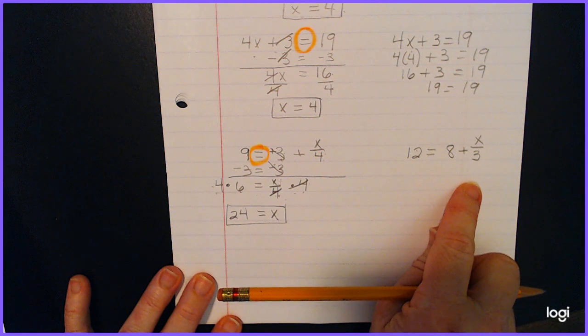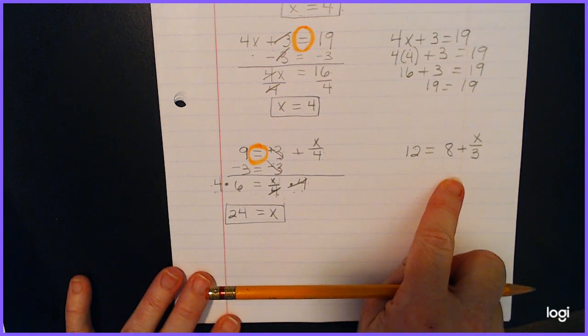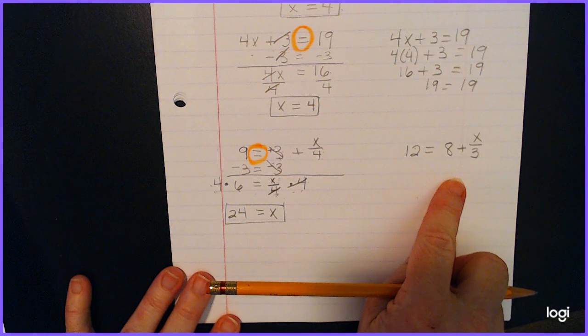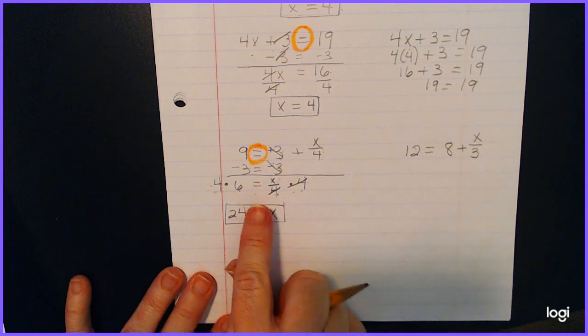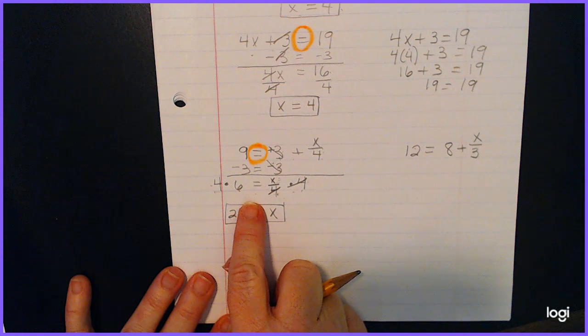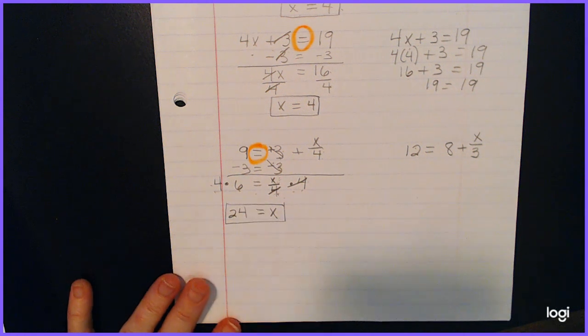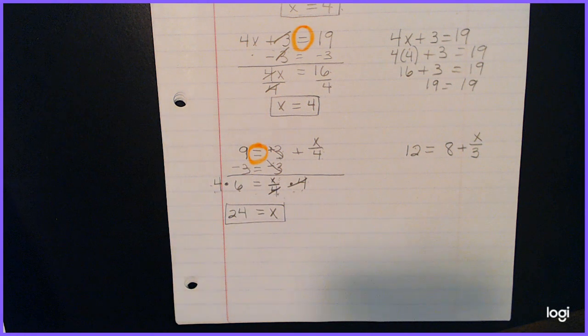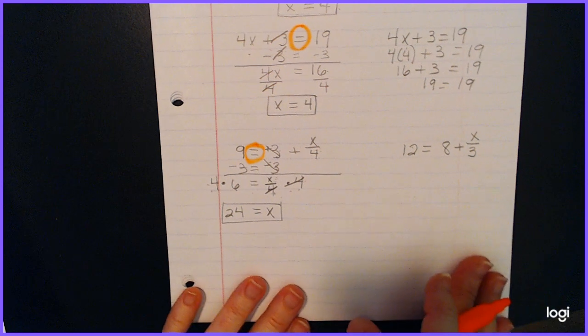If you would, please go ahead and pause your video and see if you can solve my problem, which looks very similar to this one over here. If you're not finished, go ahead and keep your video paused until you are. I'm going to go ahead and solve this problem.